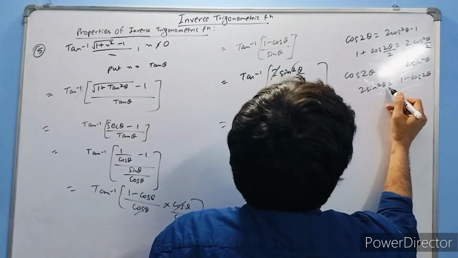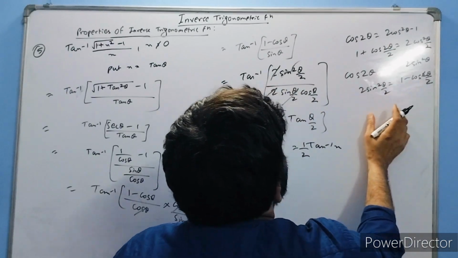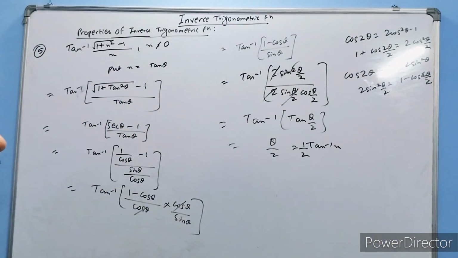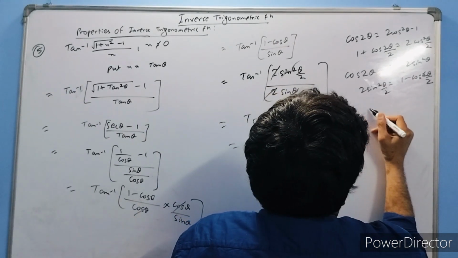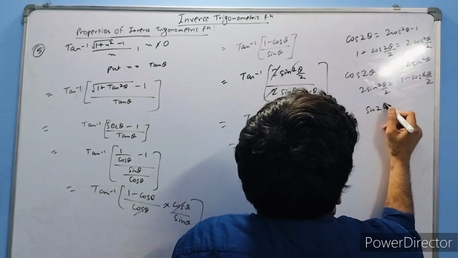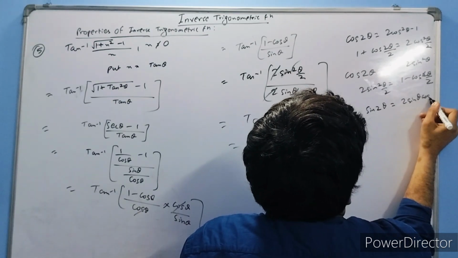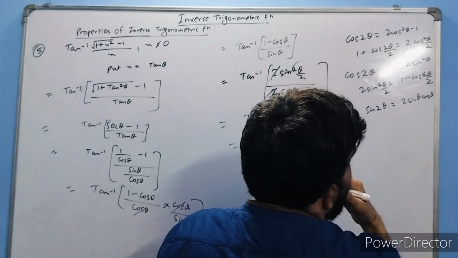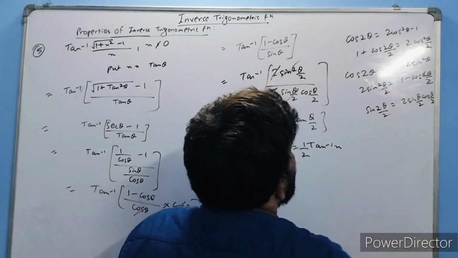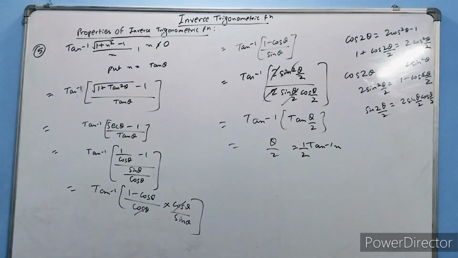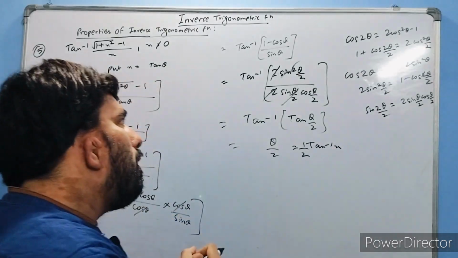If I reduce it by 2, 1 minus cos theta is 2 sin square theta by 2. For sin theta, we know the formula sin 2 theta is equal to 2 sin theta cos theta, so sin theta is 2 sin theta by 2 cos theta by 2. That is how we have used these two formulas in this numerical.